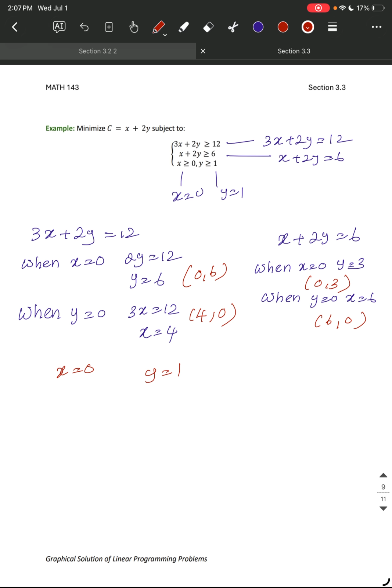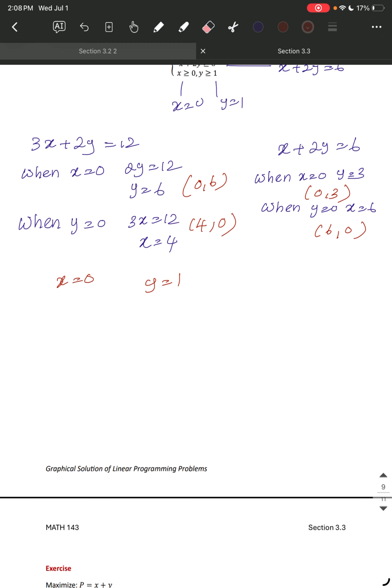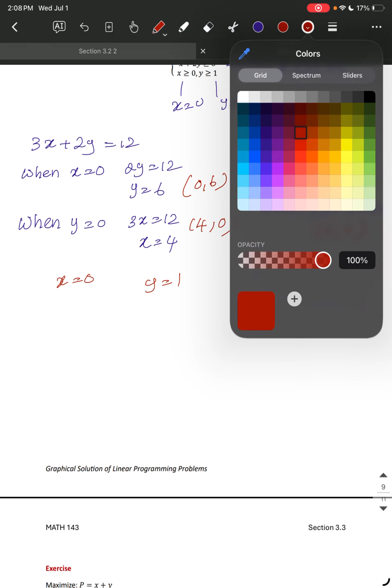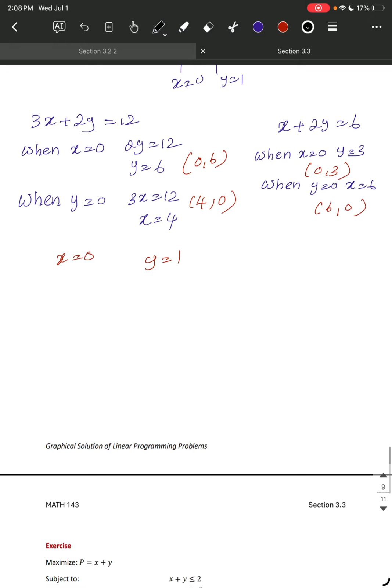Then let's quickly draw the graph. All the constraints have to be drawn, right? Okay, let's go. X, y, 0. 1, 2, 3, 4, 5, 6.